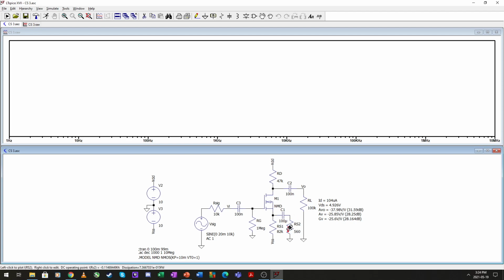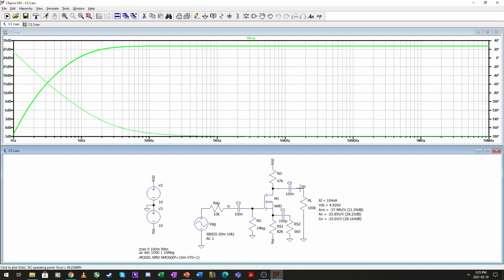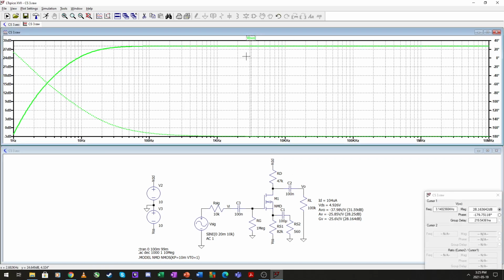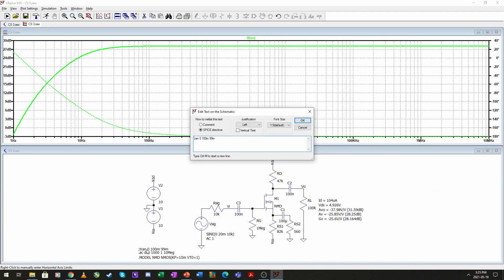If it exists in our small signal model, our gain will be slightly higher, and that accounts for these increases. So let's just have a look at our impedance here. So 28 dBs, 28 dBs. Let's see our transient.